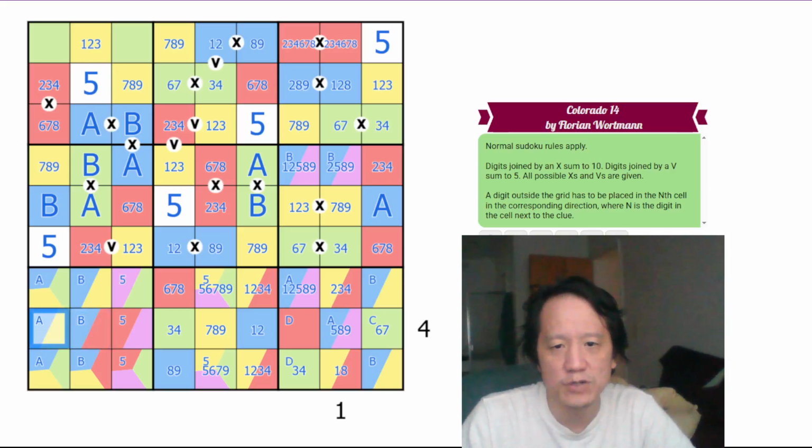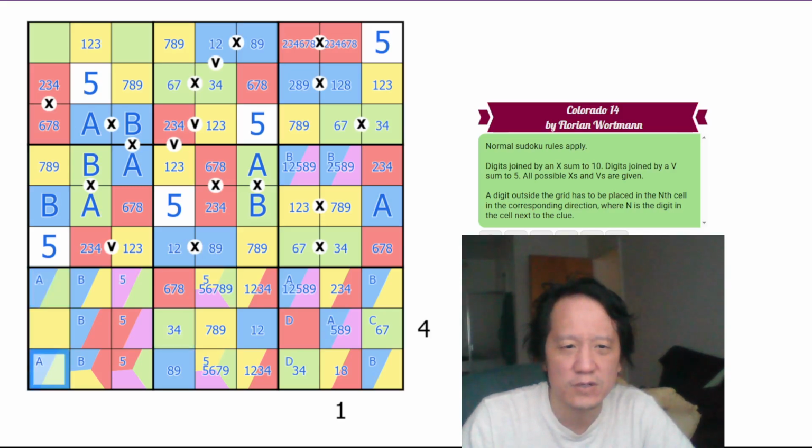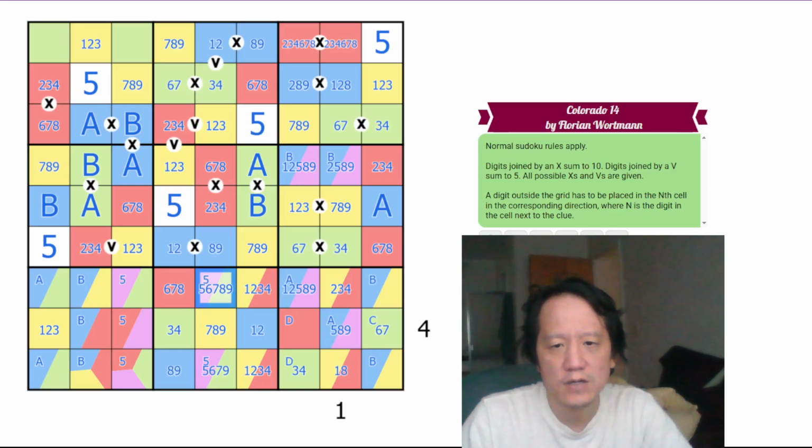So this must be low yellow here. Cannot be A. This is low yellow, so these cannot be the low yellows. They're blue and green respectively, so this is low yellow. This can't be high yellows again. So now we have high green and 5.